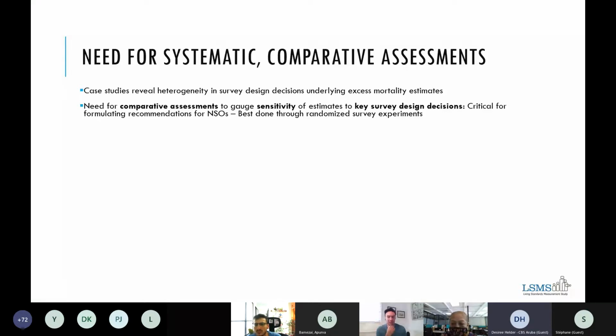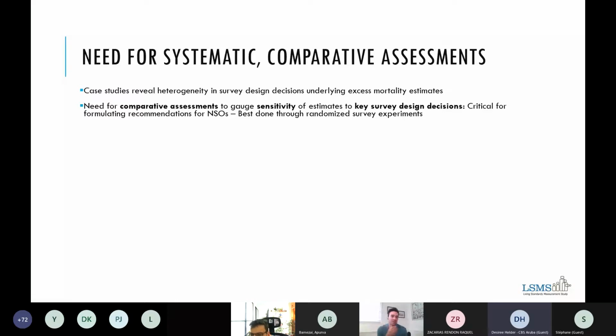And I strongly believe that these kinds of comparative assessments conducted in multiple contexts are critical for us to be able to formulate substantive guidance and recommendations for national statistical offices to take on board some of these improved approaches to data collection.